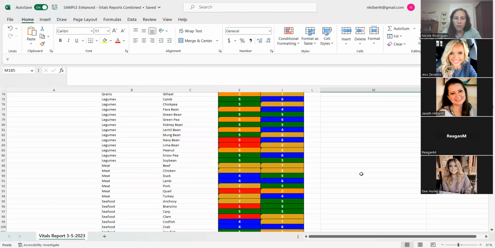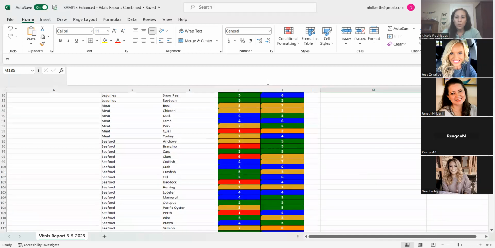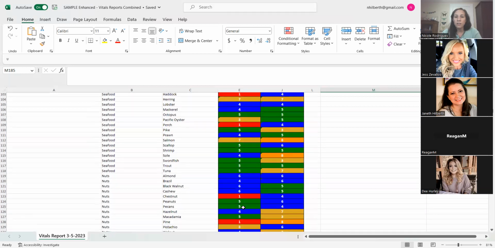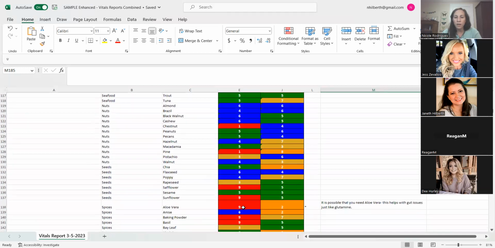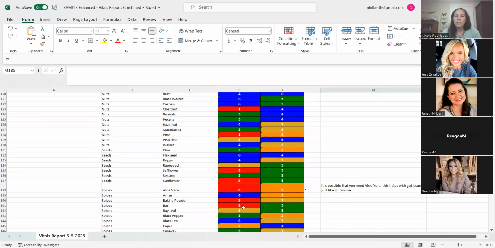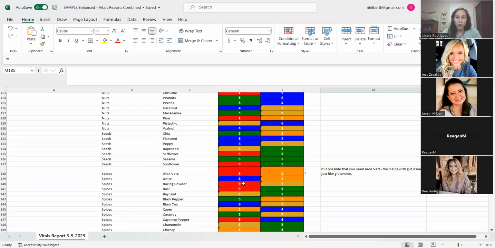Just looking at this, you can see a lot of the 1s and 9s, the red, did clear up after multiple scans. The client could not believe how much better he was feeling, and he did not make any other changes. He didn't incorporate anything else. That's pretty incredible.